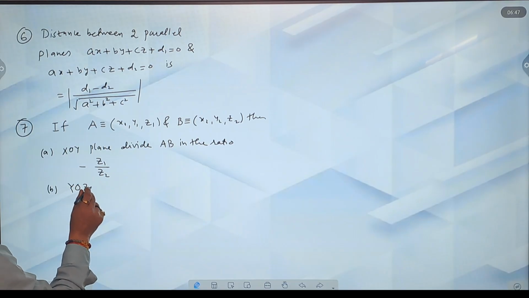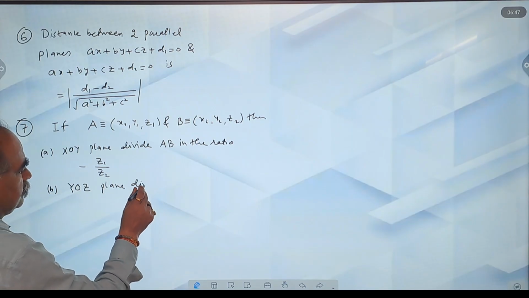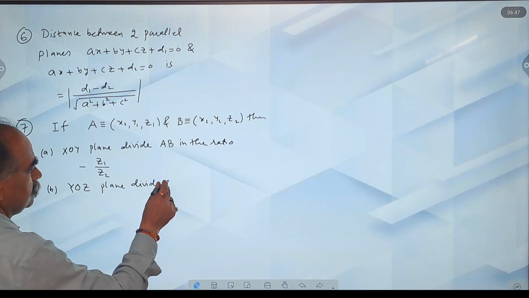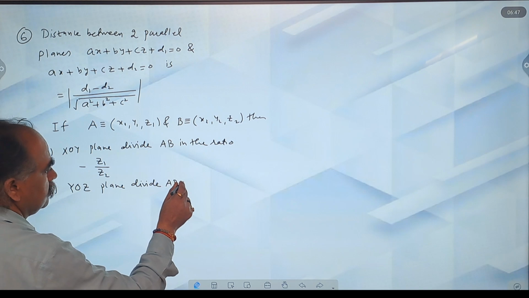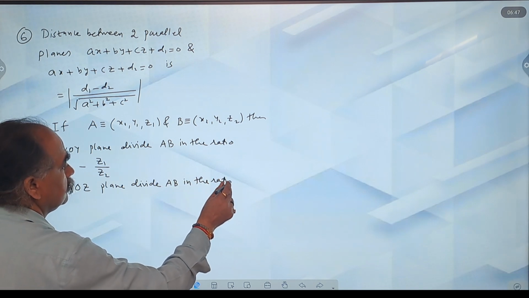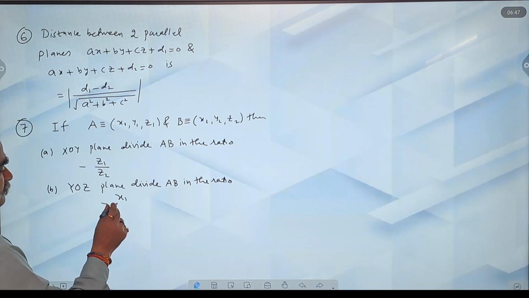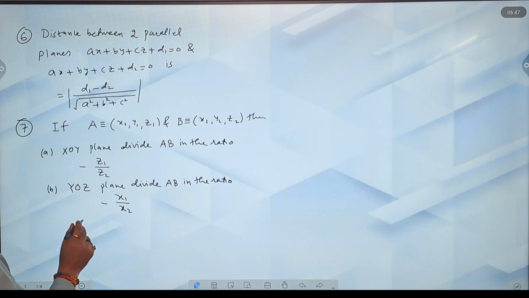YOZ plane divides AB in the ratio minus, in YOZ there is no x, so minus x1 upon x2.